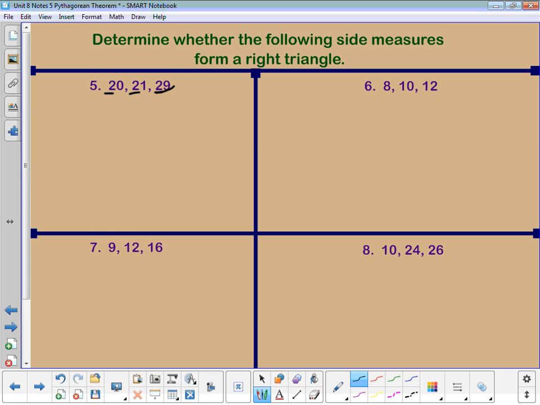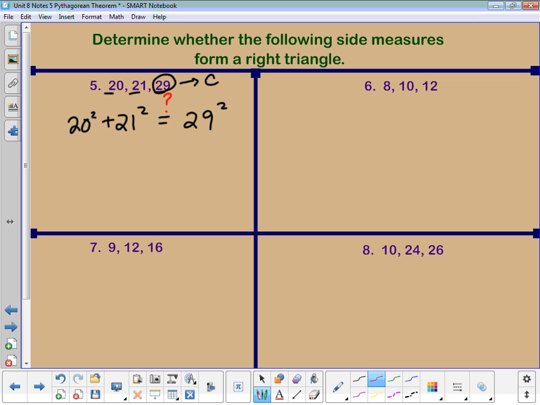The longest side is 29, so that has to be my C. That has to go in the spot for C. So I have 20 squared plus 21 squared equaling 29 squared. And this is what we're asking: is that actually true? If that's true, then they make a right triangle. If it's not true, then they do not.